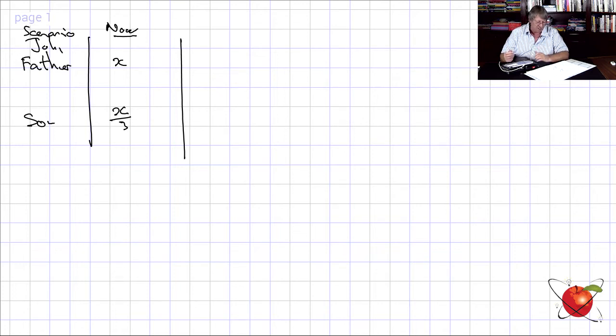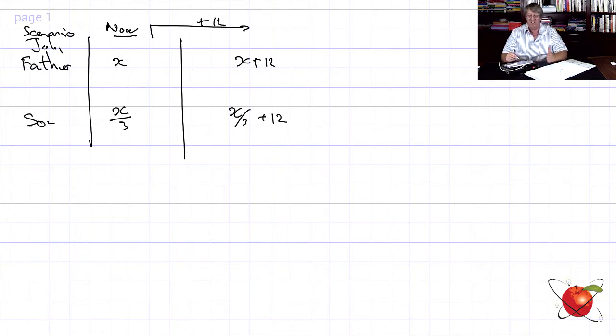Then we moved on to a period of plus 12. So therefore, we move everybody to X plus 12. This is X over 3 plus 12. So that is in 12 years' time. Then in 12 years' time, he is twice as old, which means John is twice as old as his son.